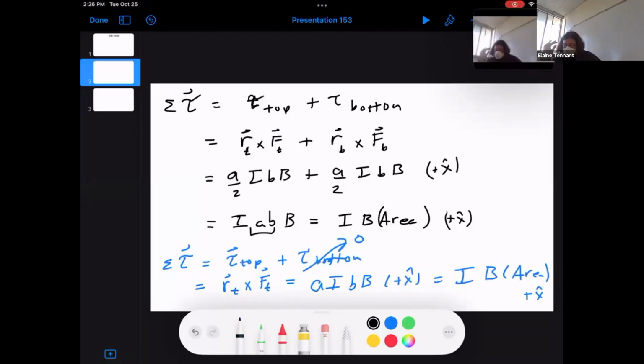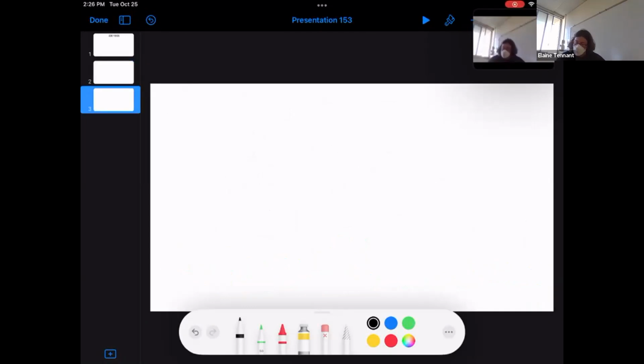But I notice I would really like to get a more general equation for this instead of having to go through each of those steps. And where this more general equation is going to come from is this area vector. Because areas are vectors, right?